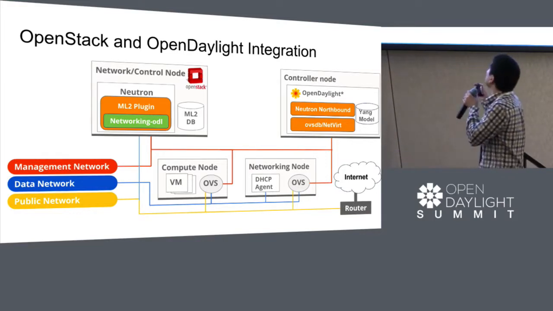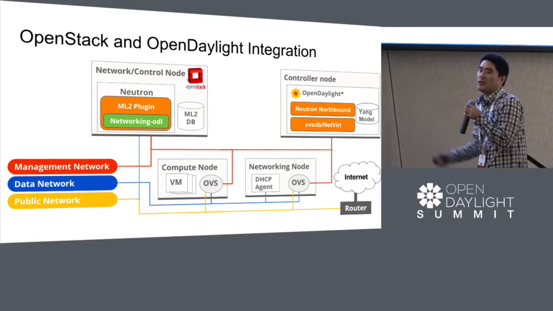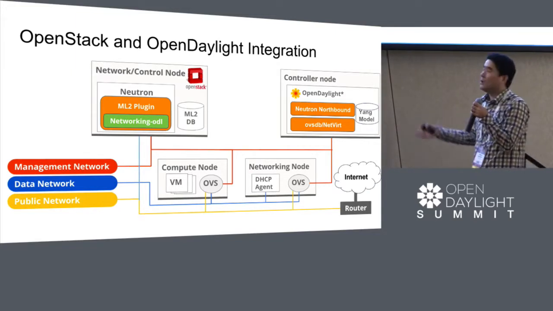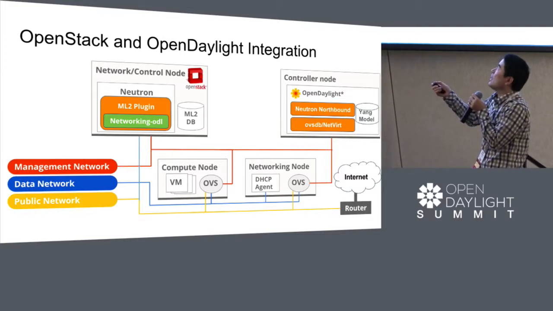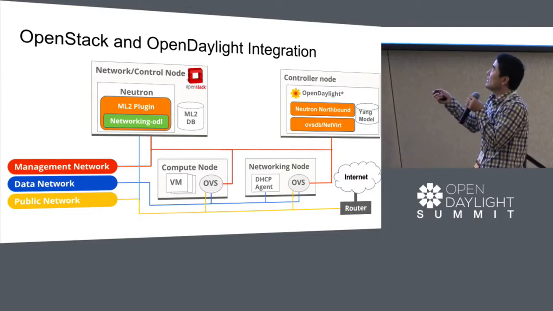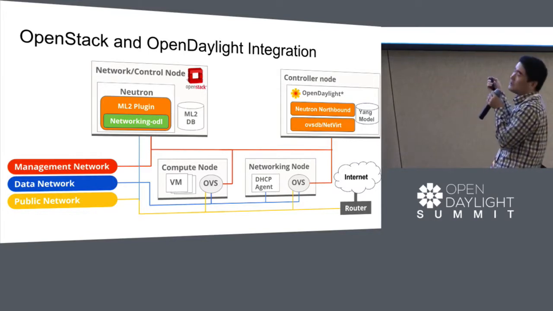When a user sends a request to Neutron, like create a network, subnet, or ports, eventually the request comes down to networking ODL, and then the networking ODL component talks to OpenDaylight to do the necessary action.